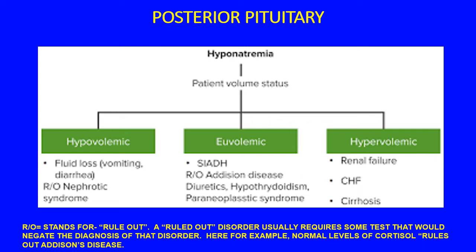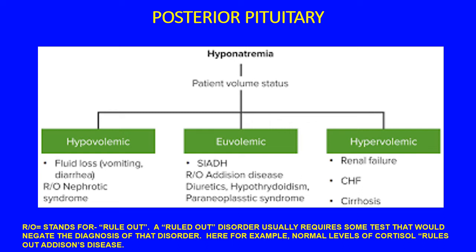But in the meantime, you have to rule out Addison's disease, diuretics, hypothyroidism, paraneoplastic syndrome. Paraneoplastic has been bounced around. It's basically a syndrome indicating that there is some active cancer that exists in the body. Okay? So hypervolemic, you have a much greater amount of volume. It can happen with renal failure because now what you're doing is not filtering.